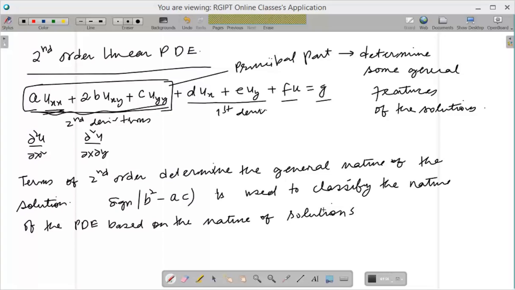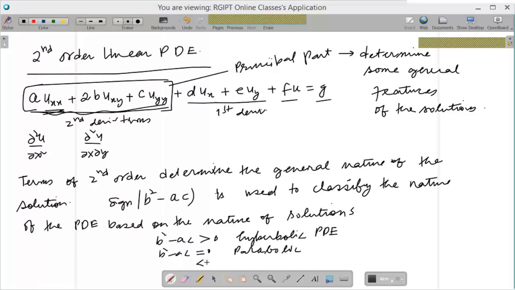For example, if b square minus ac is greater than 0, it is called a hyperbolic PDE. If you have b square minus ac equal to 0, this is called a parabolic PDE. And when this is less than 0, it's called elliptic.